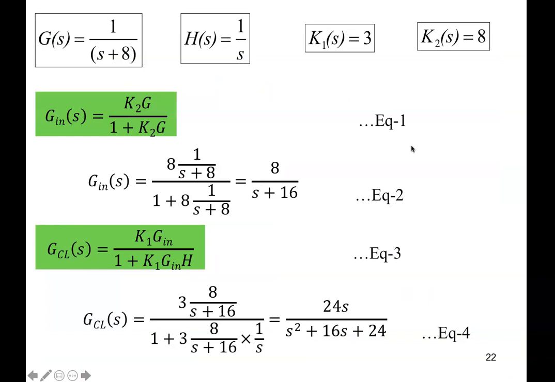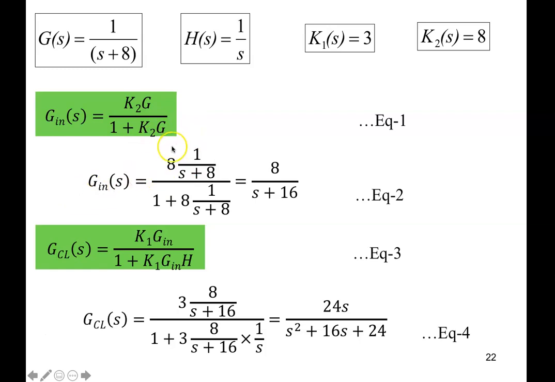I'm going to replace everything in GIN first. K2 we know is 8. G is 1 over S plus 8, so 8 times 1 over S plus 8. At the bottom is 1 plus K2, that's 8, times G, which is 1 over S plus 8. Multiply S plus 8 to the numerator and the denominator at the same time.